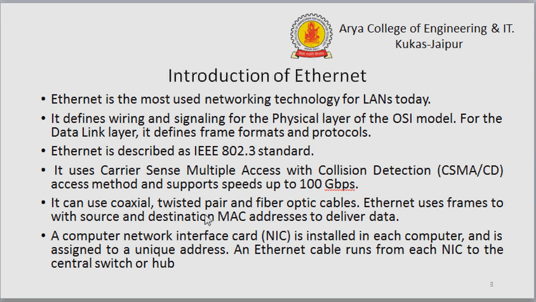Ethernet uses frames with source and destination MAC addresses to deliver data. A network interface card is installed in each computer and is assigned a unique address. An Ethernet cable runs from each NIC to the central switch or hub.